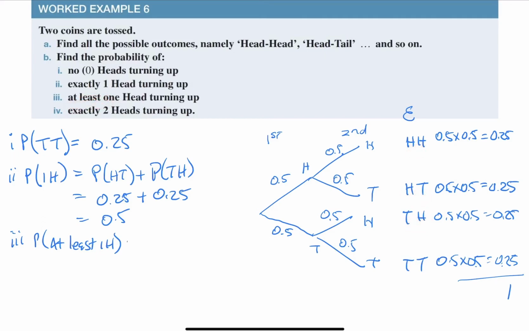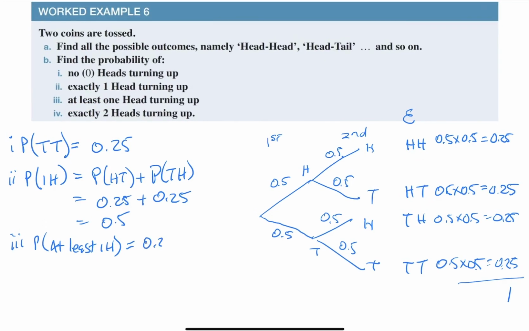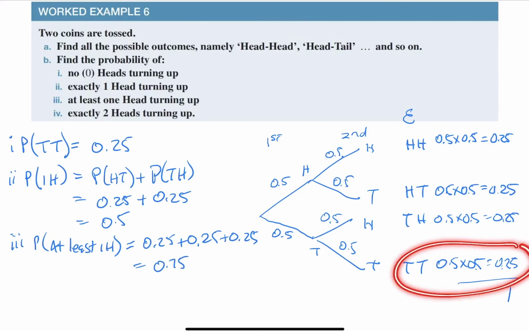So you can either go 0.25 plus 0.25 plus 0.25 to give us 0.75, or you could say it's everything excluding this. So it is not 2 tails, and therefore it is 1 take away 0.25, which gives you the same answer.